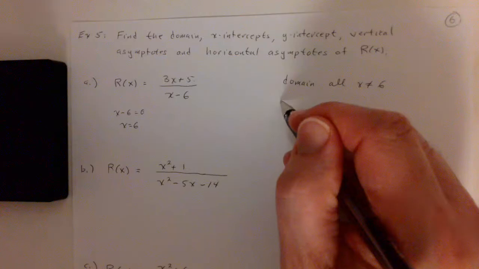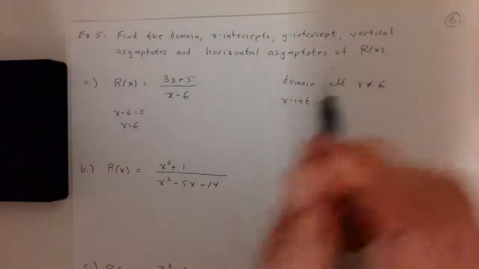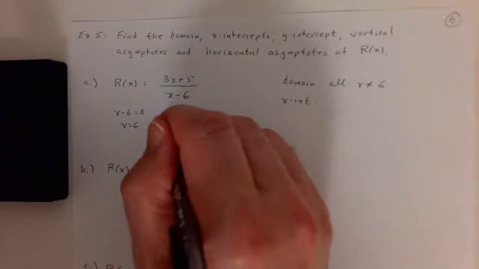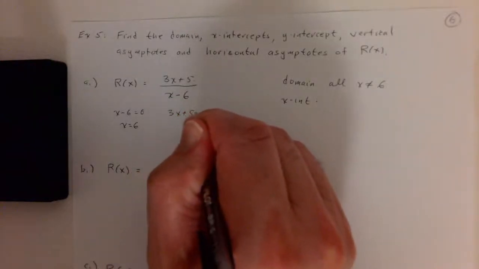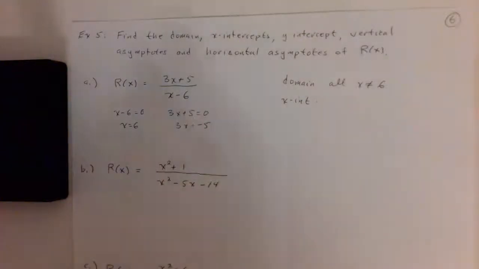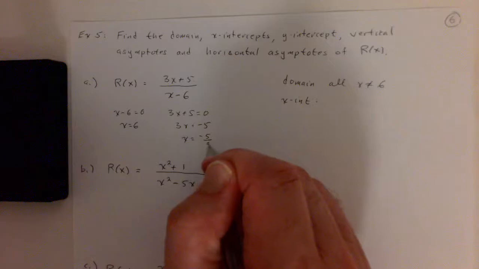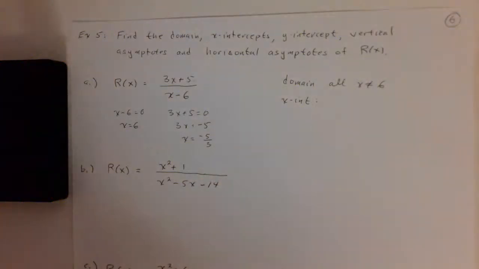The x-intercept, that's where the numerator is 0. So solve that, and that's going to be at negative 5/3.